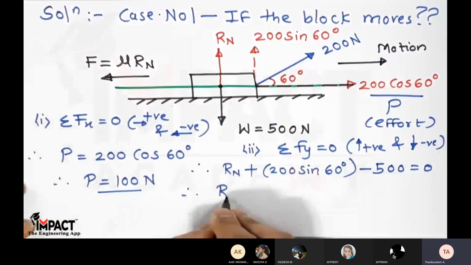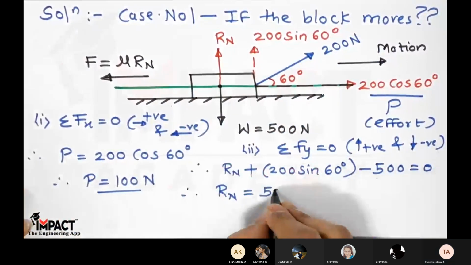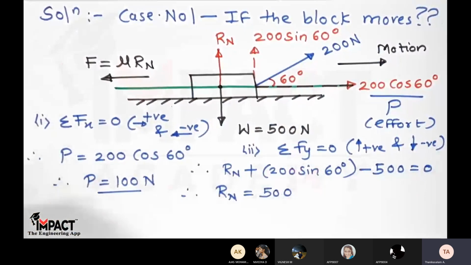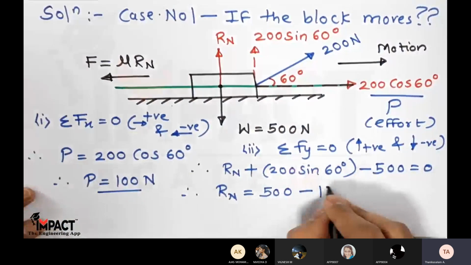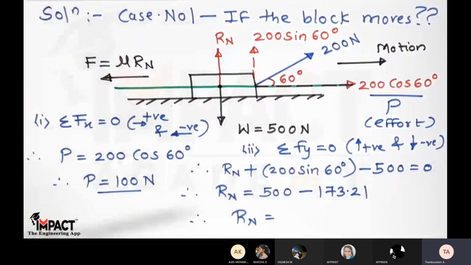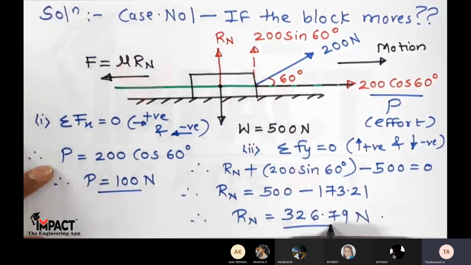Next, 500 goes to the other side and becomes positive, and 200 sin 60, whose value is 173.21, goes to the other side and becomes negative. So the Rn value is 326.79 Newton.